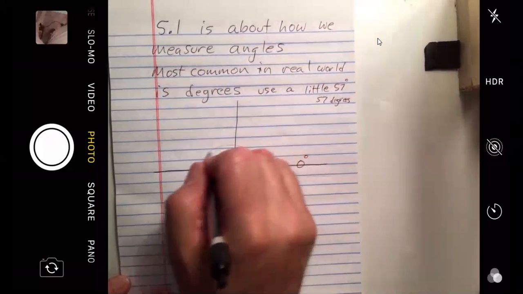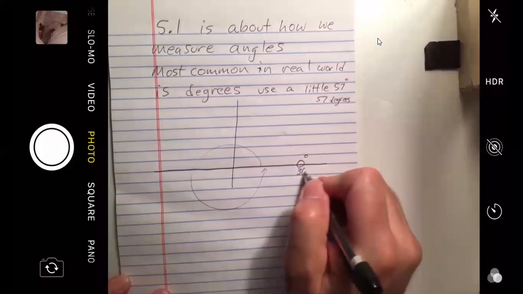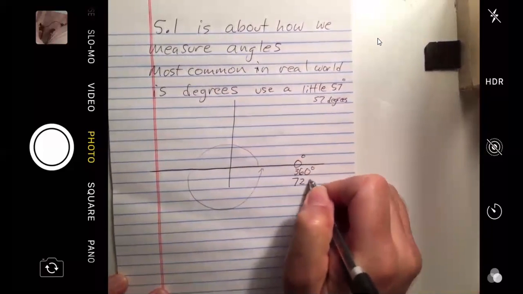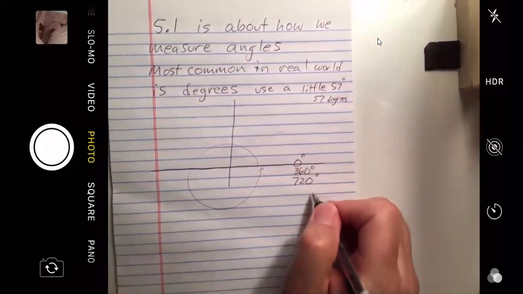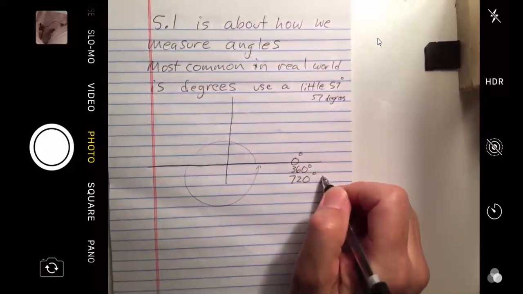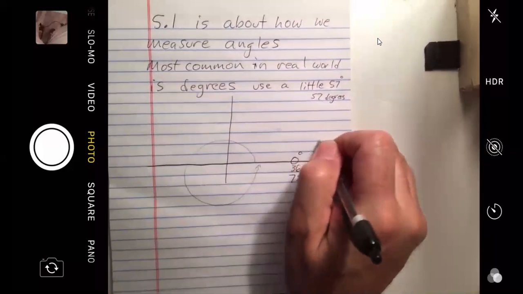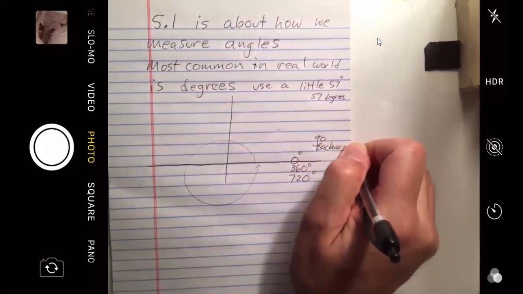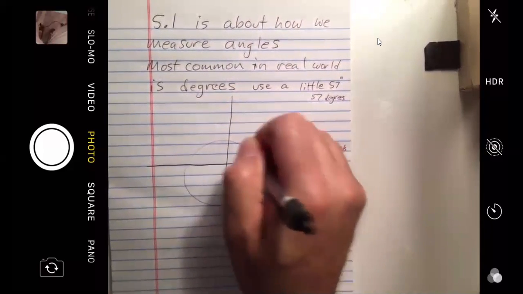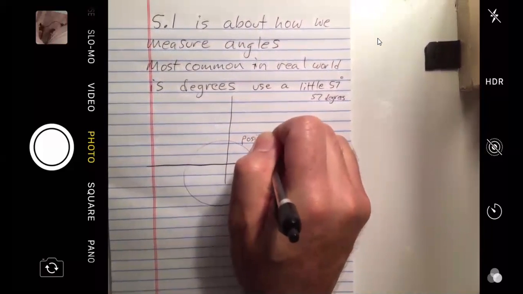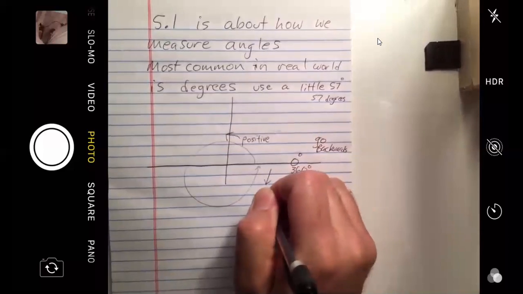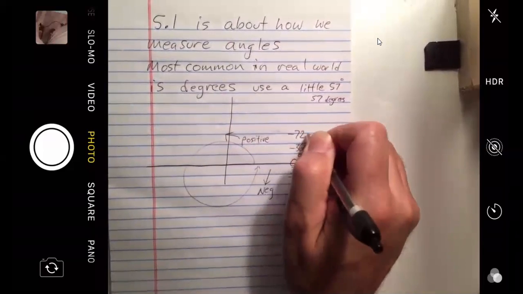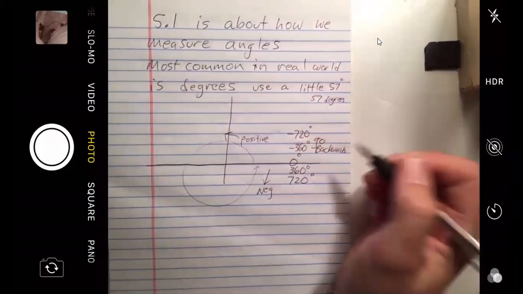Everybody knows if you go all the way around, you're at 360 degrees. If you go around again, you're at 720. You can go around forever, and this just increases by 360. You can go backwards. This is a positive angle. A negative angle goes the other way, and you could be at negative 360, negative 720, and so on.